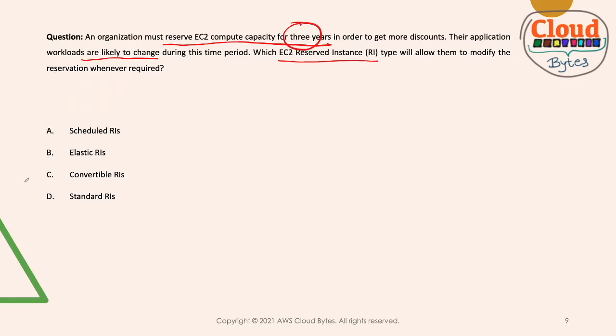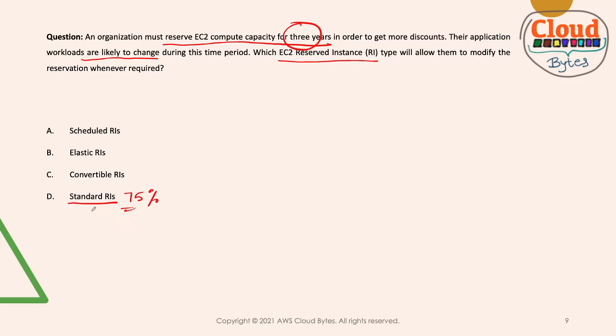So if you look at the options, as usual, you can pause the video and search for an answer. We can start from the bottom here. Standard RI. RI is a reserved instance. So standard RI provides around 75% of discount, and maybe the number has changed. You don't have to remember this number.